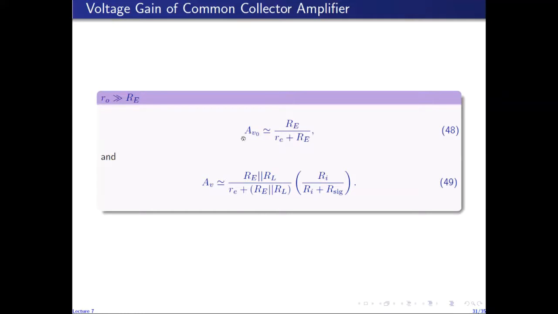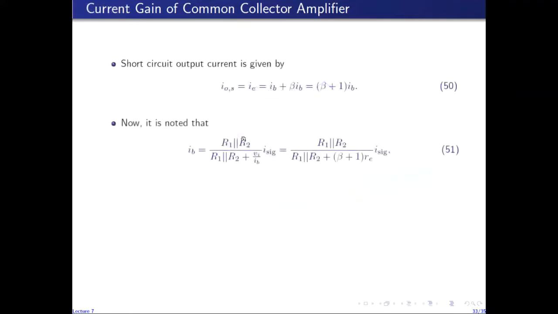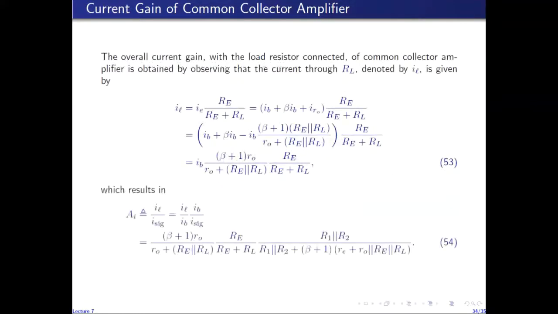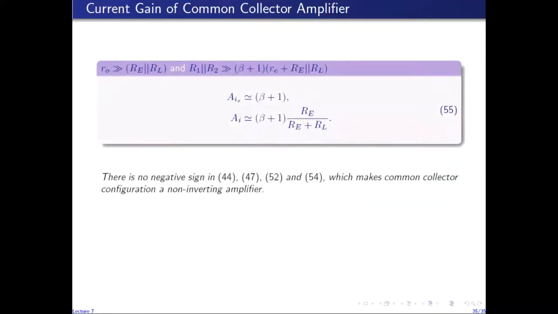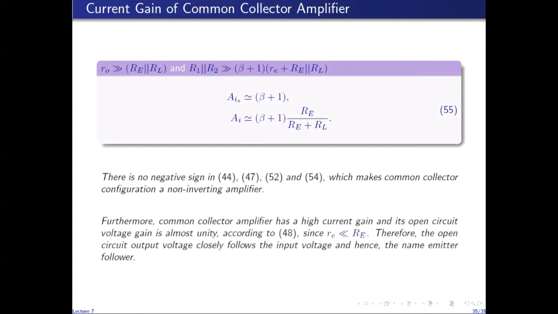So the open circuit voltage gain of the common collector amplifier is very close to unity, which means that the output AC voltage at the emitter will very closely follow the input AC voltage at the base, which gives this configuration its other name, the emitter follower.